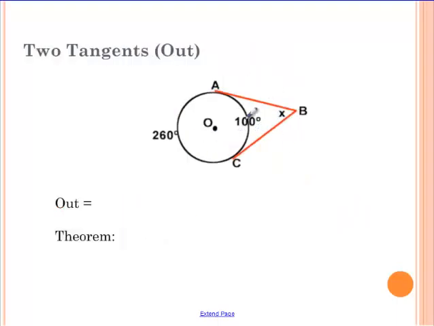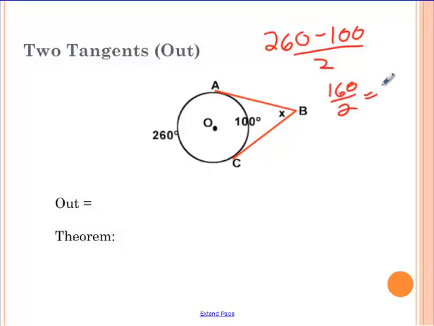Two tangents, though, we can actually do something a little bit different. If I do big minus small, 260 minus 100 over 2, 260 minus 100 is 160, 160 over 2 is 80. So we can still do big minus small divided by 2, or 80 plus 100 is 180, and 260 minus 100 minus 80 equals 180.